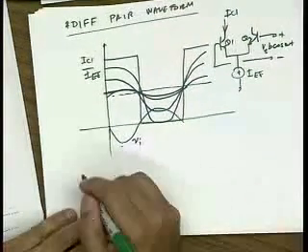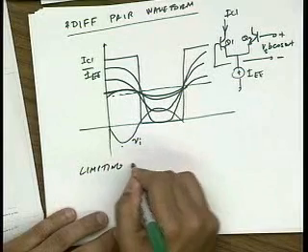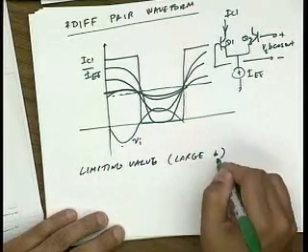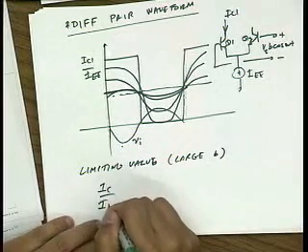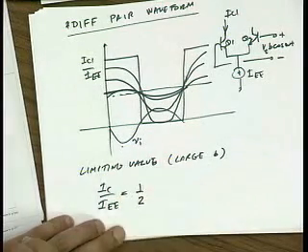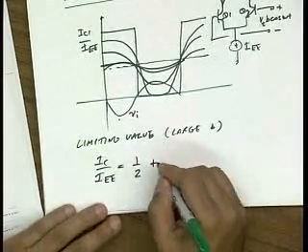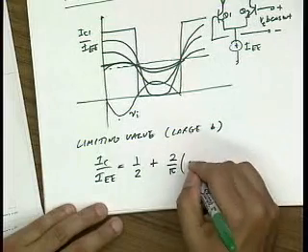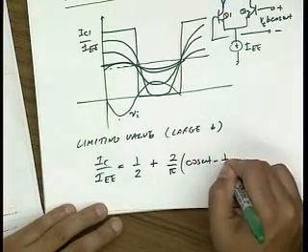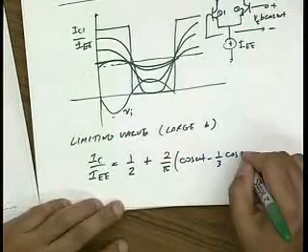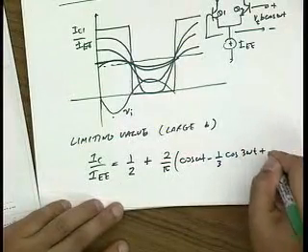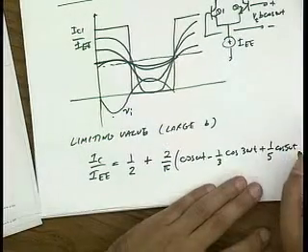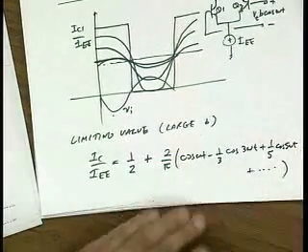So the limiting value for very large B would be basically just a square wave with average value of 1/2, right? And basically fundamental component, which is 2 over pi. And then we all know how a square wave goes. Basically, we get all the odd functions. So 1/5 cosine 5 omega t dot dot dot. Okay?